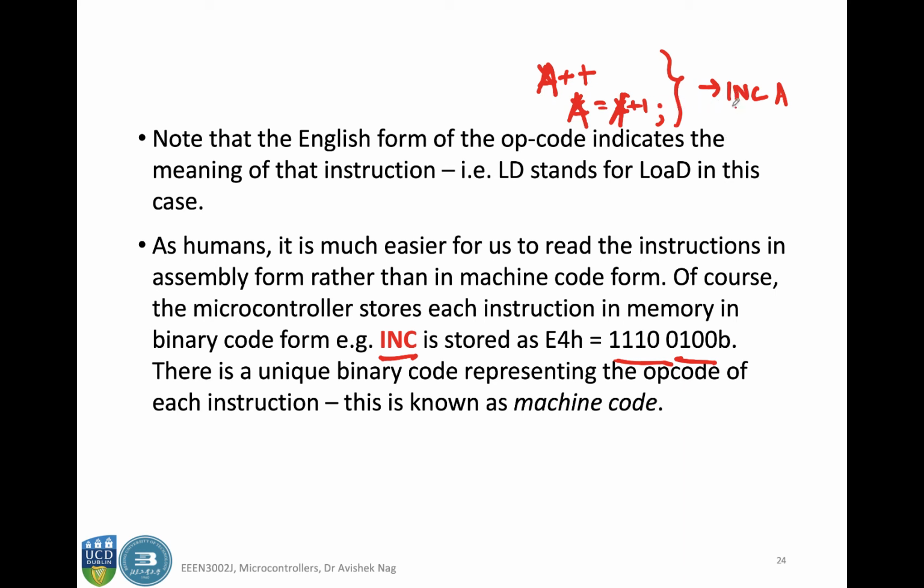This is translated to INCA in assembly language, and further this INCA represents nothing but a string of numbers which is denoted by E4 in hexadecimal format, or 11100100 in binary. And this is the final thing that is stored in the memory, and the CPU reads these and figures out using the instruction decoder what it has to do.